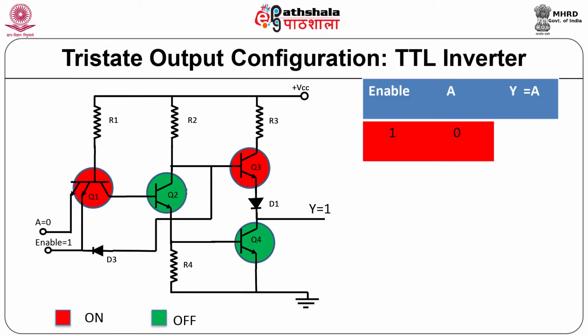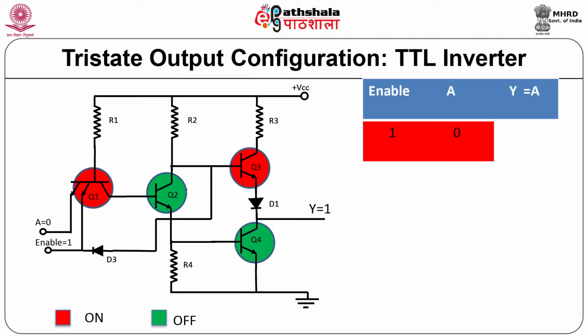Because A is logic 0, transistor Q1 is on because its emitter base junction is forward biased. Because Q1 is on, its output is logic 0, which makes the transistor Q2 off. Because Q2 is off, the output at the collector is logic 1, while at the emitter it is logic 0.